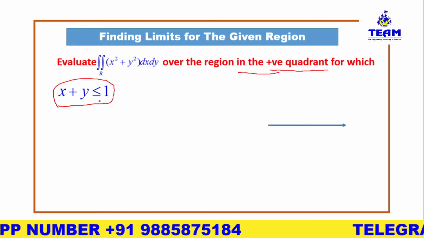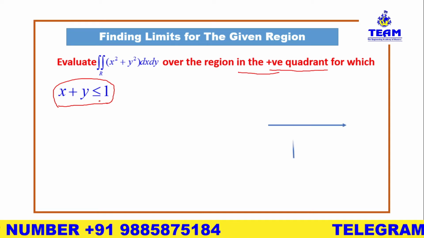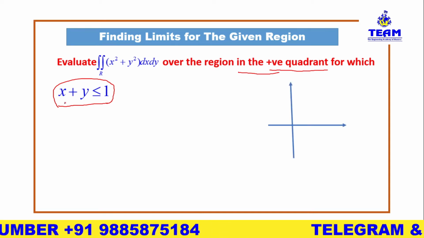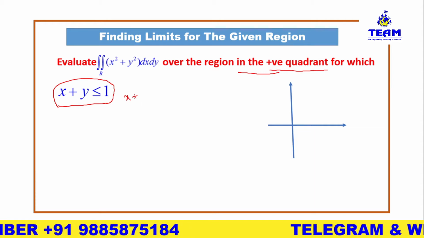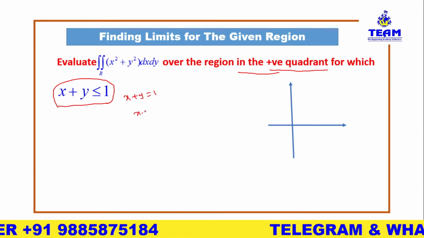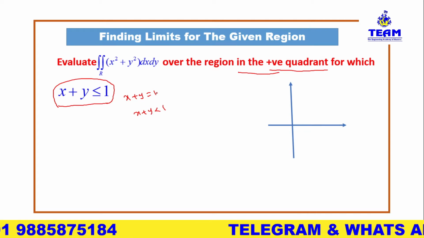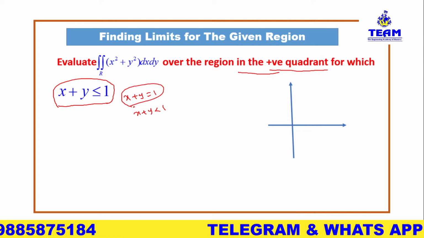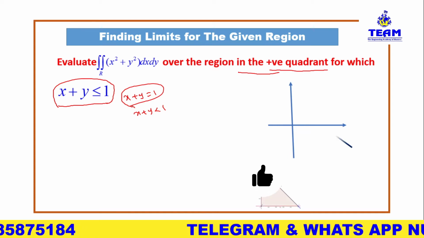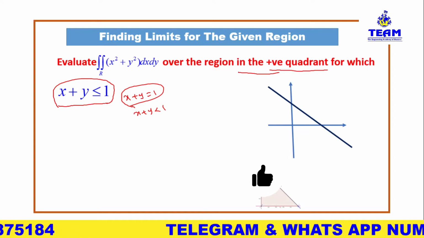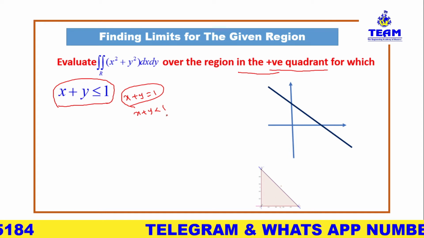So first I am drawing the x axis, next the y axis. Now here you observe, x plus y less than or equal to 1 means x plus y is equal to 1 and x plus y less than 1, both are there. What is meant by the x plus y is equal to 1 line? Here you observe, this is the x plus y is equal to 1 line. Now what about x plus y less than 1?